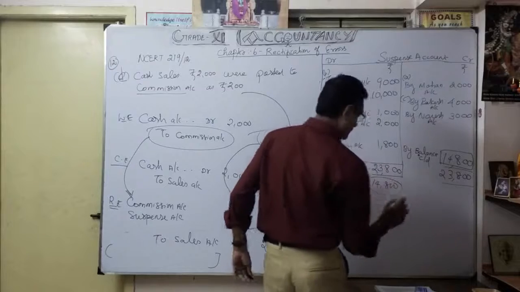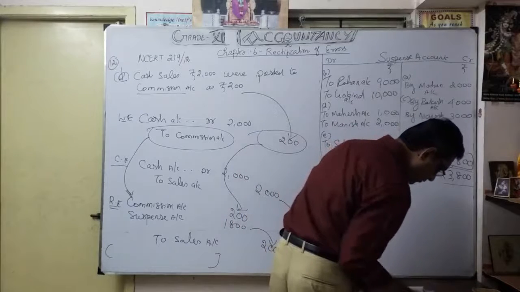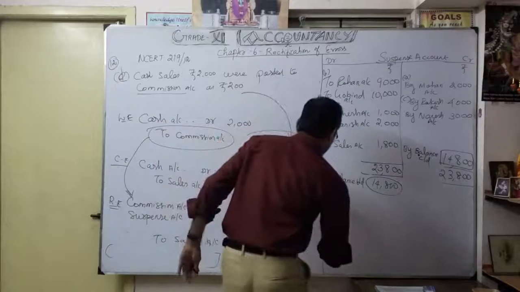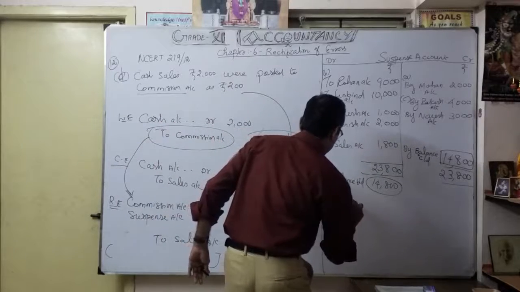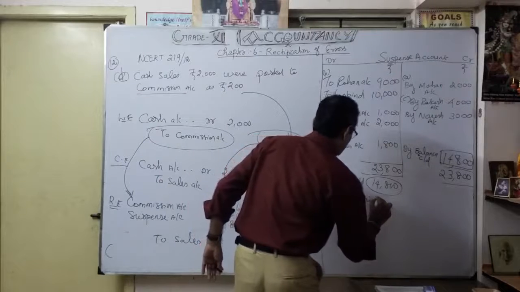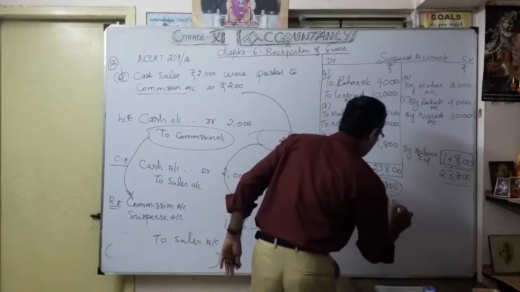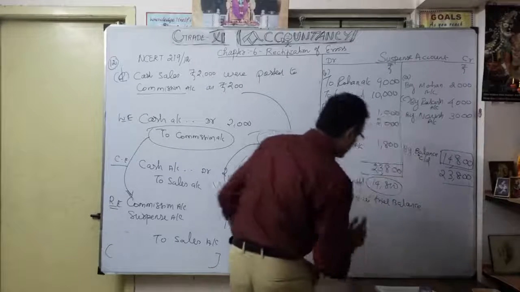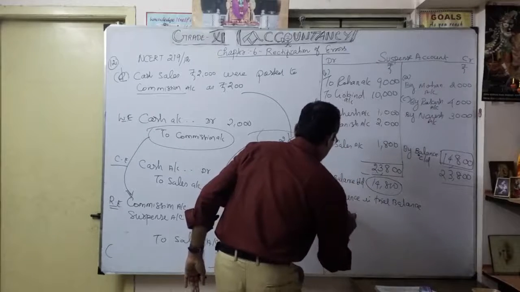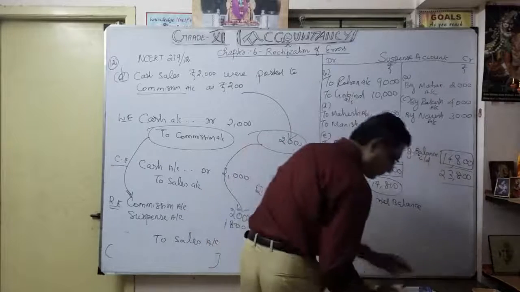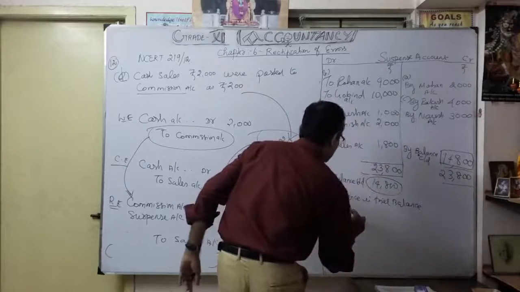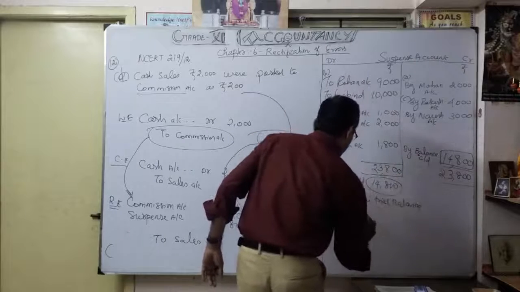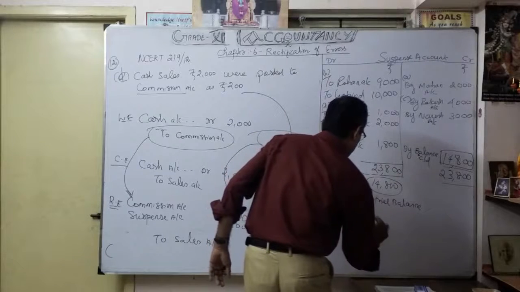It is 14,800 excess debit. So how do we have to write? Difference in trial balance. How much? 14,800. Isn't it? So excess debit, the higher value.